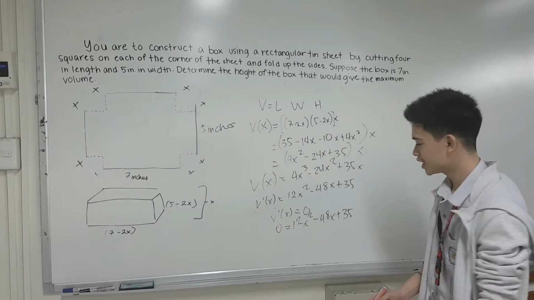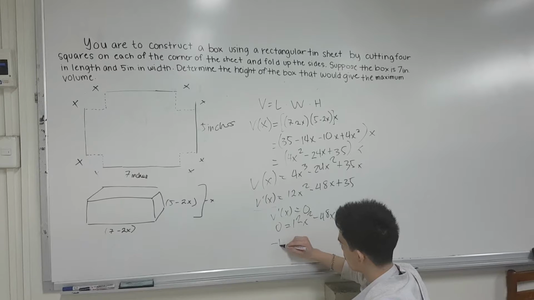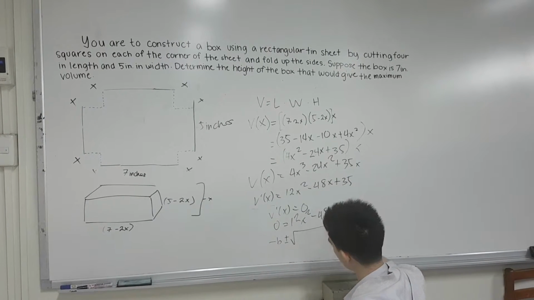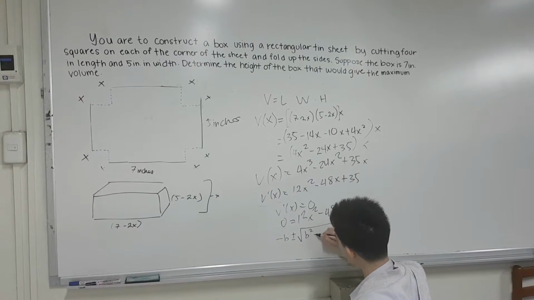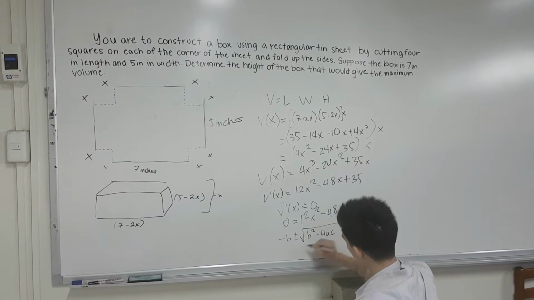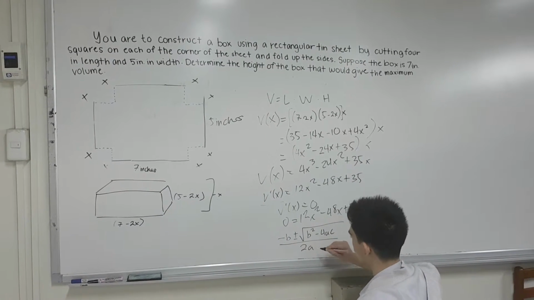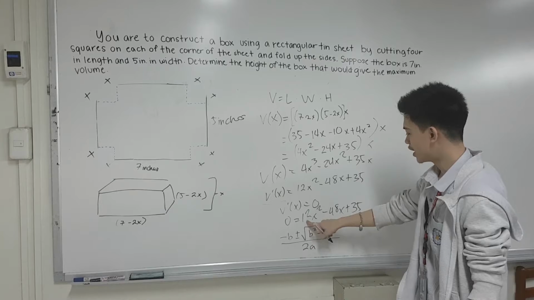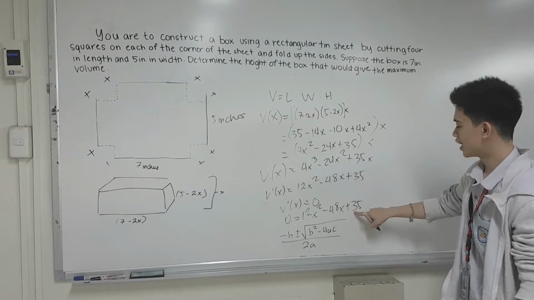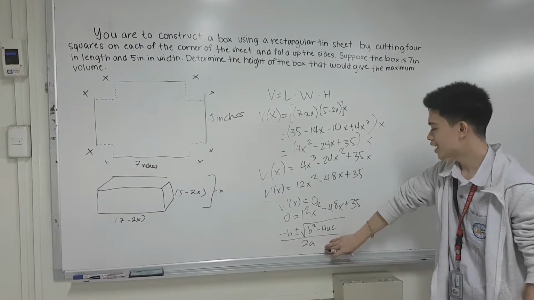You remember that the quadratic formula is negative b, plus or minus the square root of b squared minus 4ac, over 2a. Given that our 12 is a, our b is negative 48, and our c is 35, you can simply substitute into the quadratic formula.